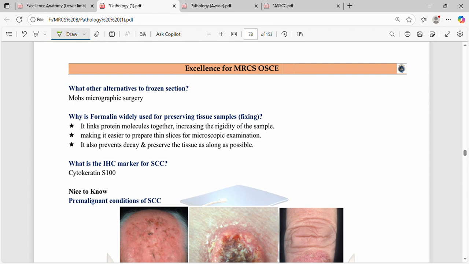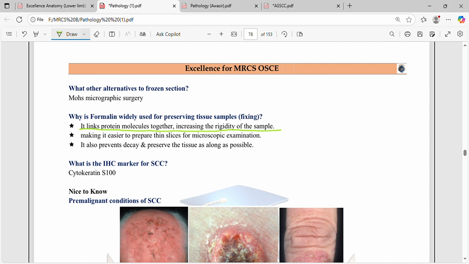Why is formalin widely used for tissue fixation or preservation of tissue samples? It links protein molecules together, increasing the rigidity of the sample and making it easier to prepare thin slices for microscopic examination. It also prevents decay and preserves the tissue as long as possible.